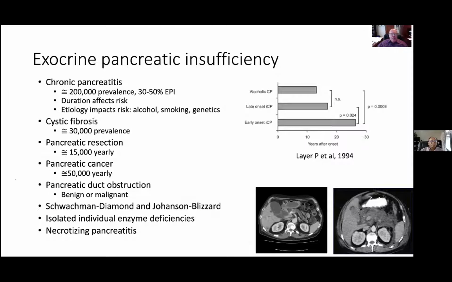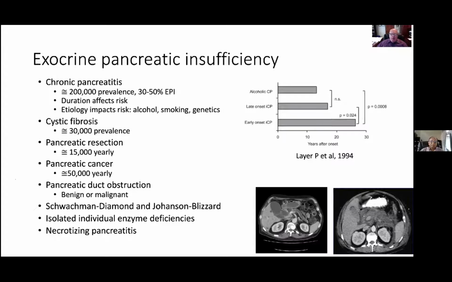When we think about the development of exocrine pancreatic insufficiency, obviously the first condition which springs to mind is chronic pancreatitis, a relatively uncommon problem, but with a significant proportion of patients, in the neighborhood of 30 to 50%, that develop exocrine insufficiency.